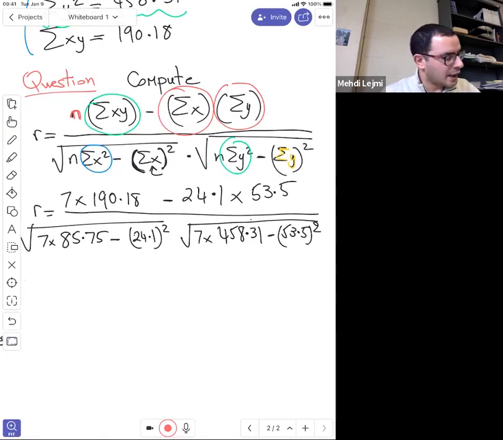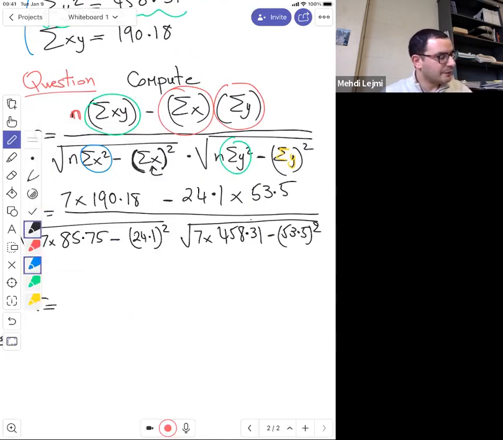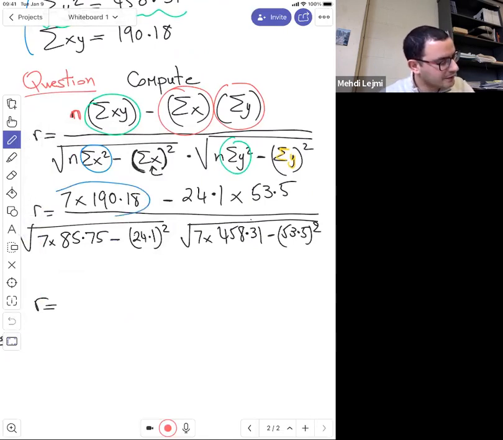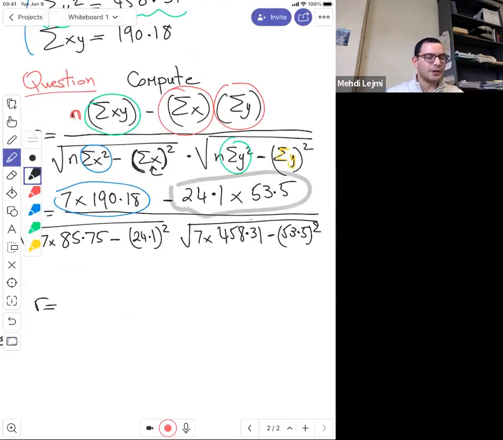So of course now, first in the top, you need to multiply those numbers right here: the 7 times 190.18 minus, and then you multiply two numbers right here, the 24.1 by 53.5.